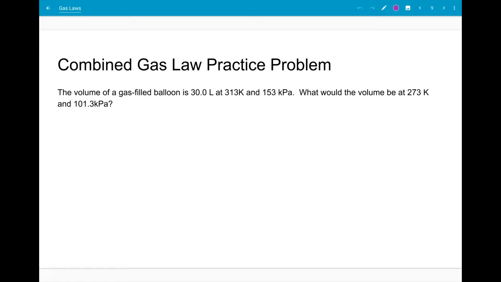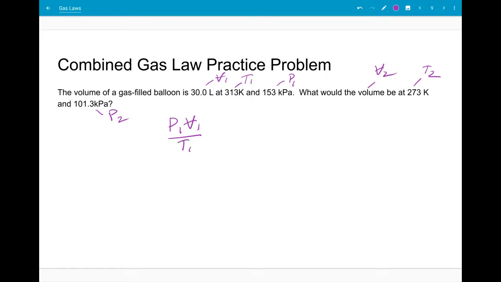So here's a combined gas law problem. The volume of a gas-filled balloon is 30 liters at 313 Kelvin and 153 kPa. What would the volume be at 273 K and 101.3 kPa?